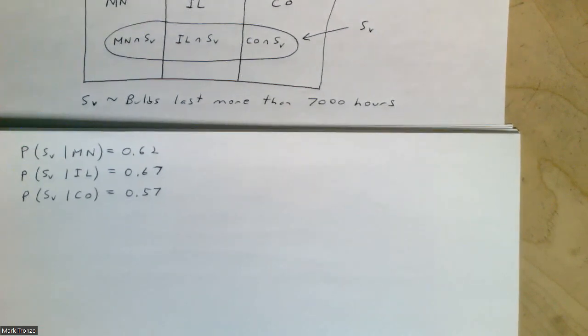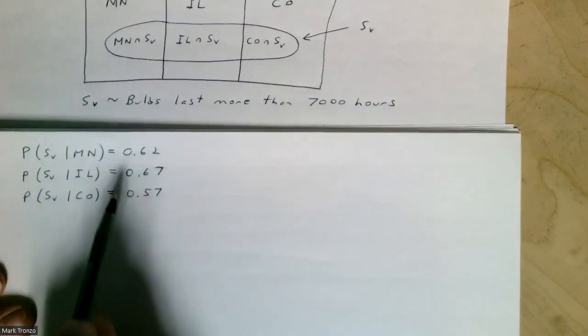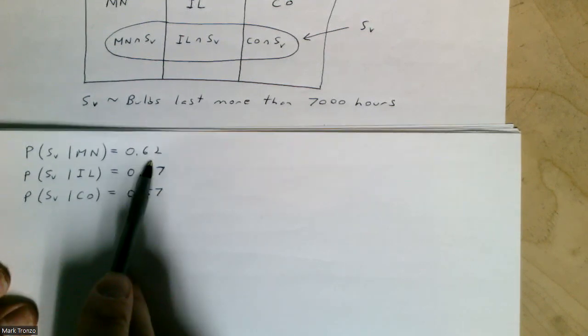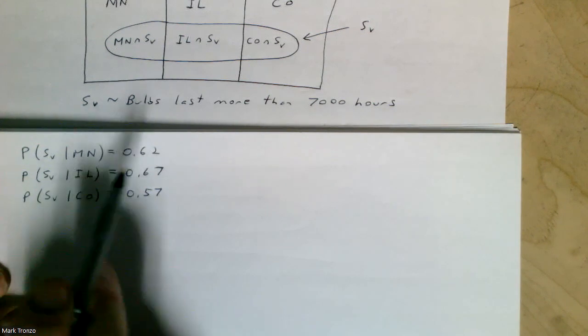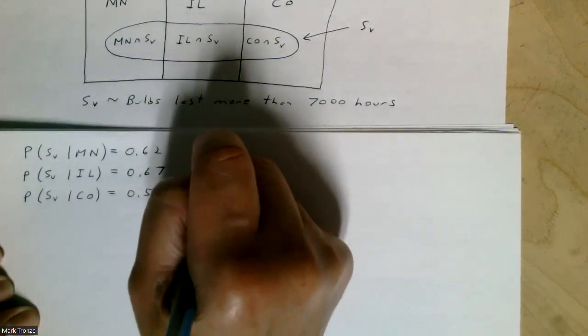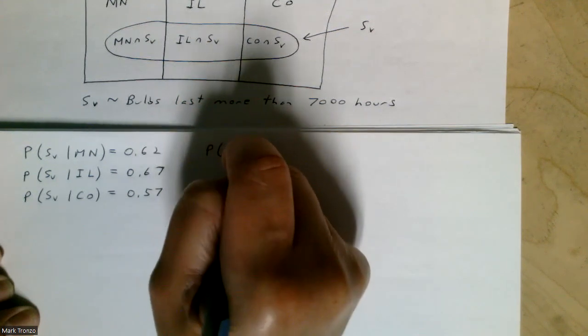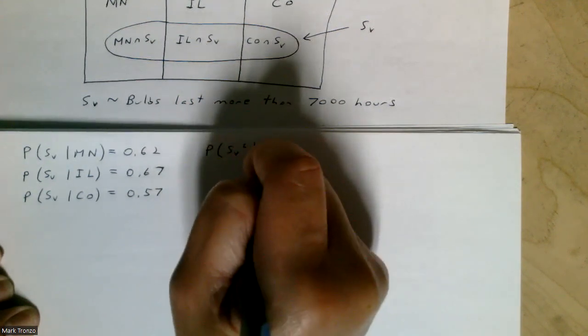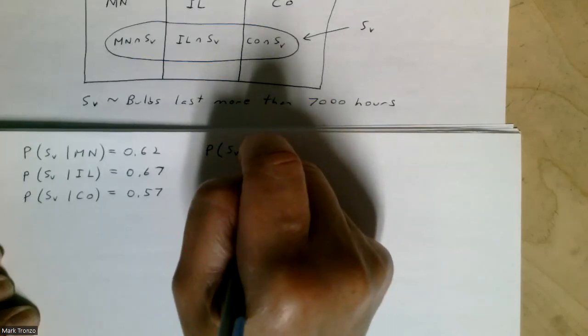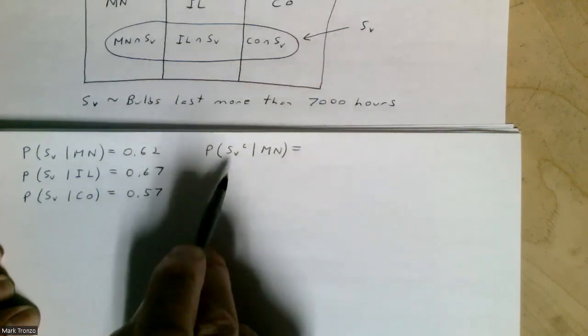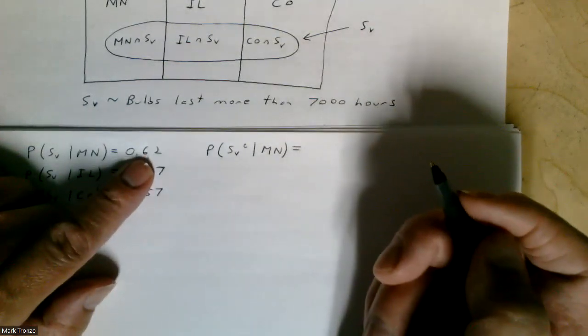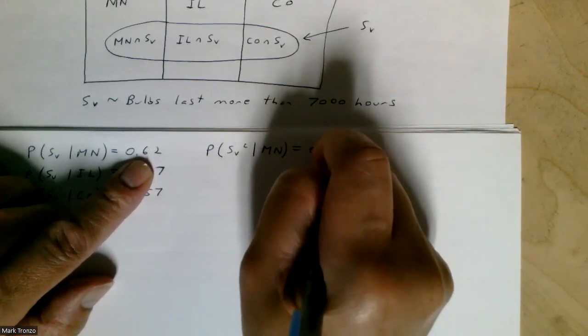I don't know if we're going to need it here yet, but let's also write down the complement of these. If we know that 62% of the bulbs from Minnesota are going to last 7,000 hours, then the complement, not lasting 7,000 hours, is going to be 1 minus this, or 0.38.